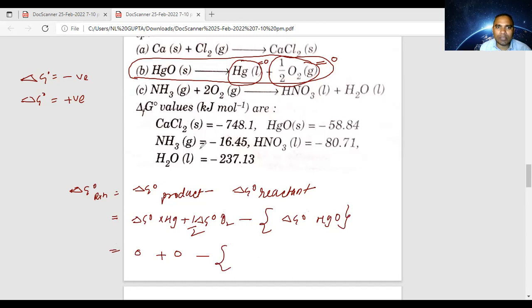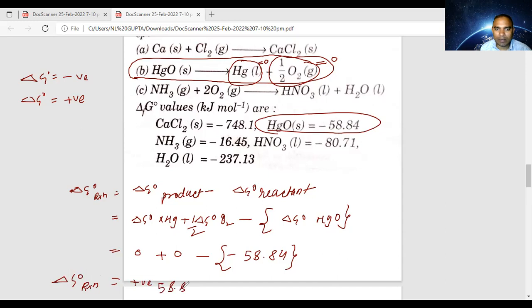The HgO value they have given is minus 58.84. Now minus into minus is plus, so delta G naught of the reaction is positive. How much is coming? 58.84. So 58.84 means it is going to be what?